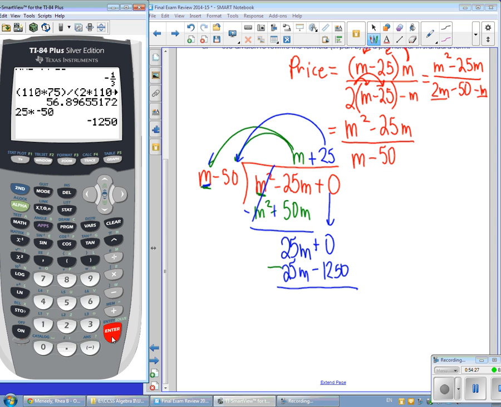And again, I'm subtracting here. And when I subtract a negative 1250, it becomes a positive 1250. And that is going to be my remainder. So when I write my quotient, I'm going to have M plus 25 plus 1250 over whatever it was that I was dividing by, M minus 50. Okay, and that is your final answer for letter C.